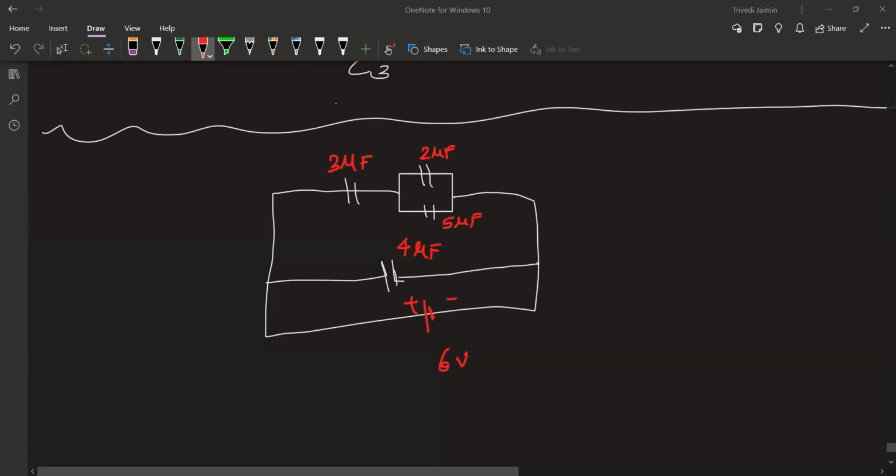Pawan, for parallel, what's the formula? C equivalent is equal to C1 plus C2, sir. Very good. And in series? In series 1 by C equivalent is equal to 1 by C1 plus 1 by C2. Okay.